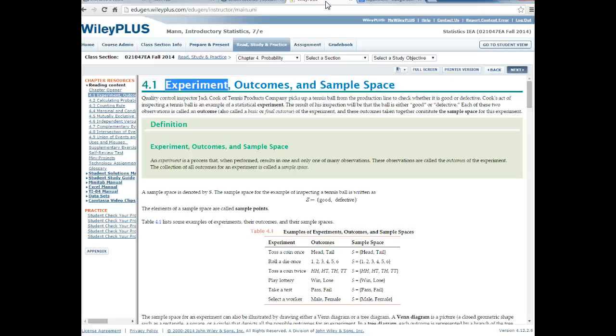So I can call this an experiment: I toss this coin, and I check to see what's on the top. I don't know what it is, so that's called an experiment, okay? All right, so we have this notion of an experiment, and then we have what we call the outcomes of the experiment.